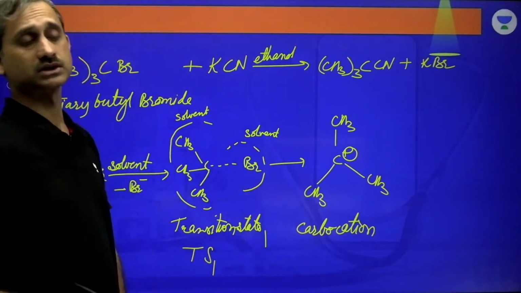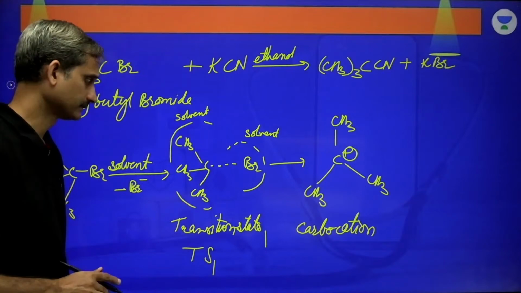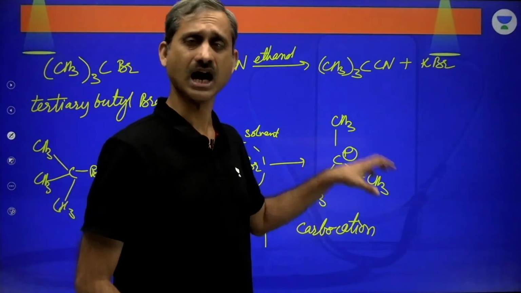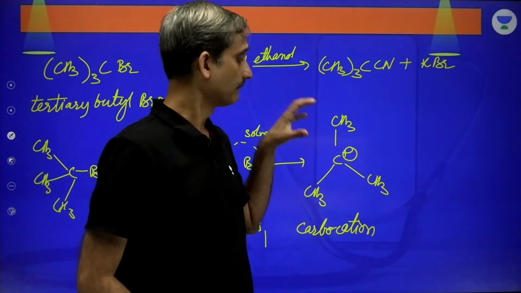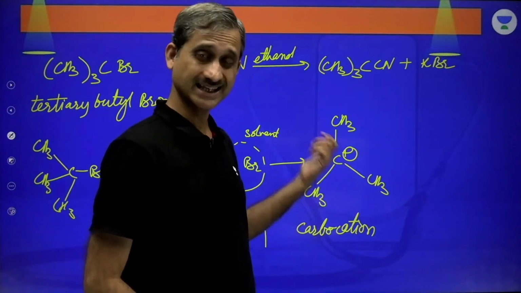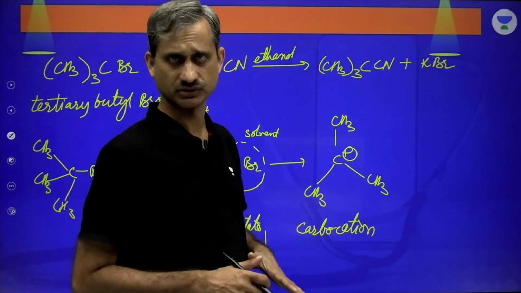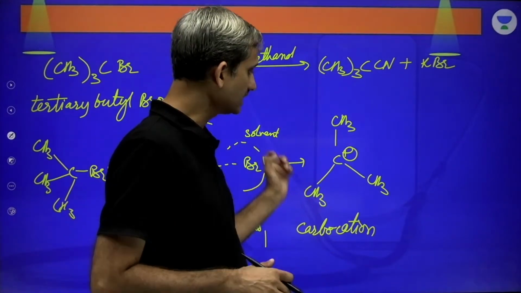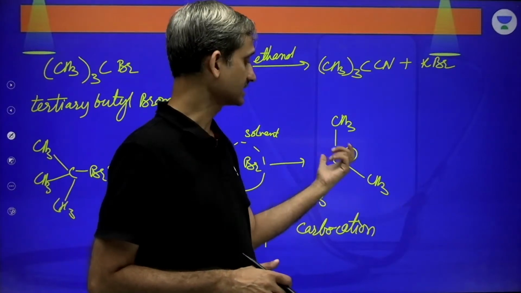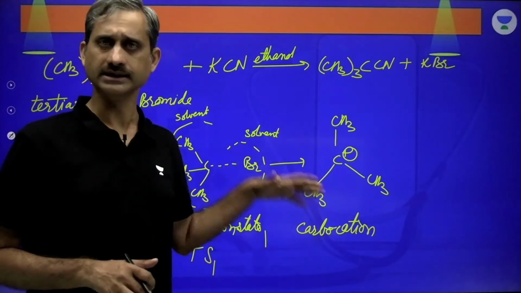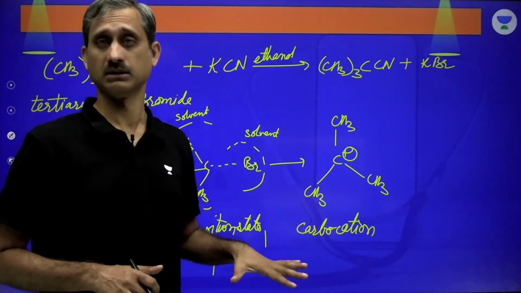Now this particular species is highly reactive, but this species has some stability under the given condition. So, if a proper condition is provided, this can be isolated and studied. Not easy, difficult, but can be.